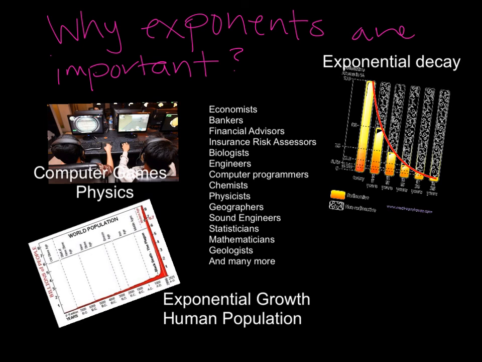As you can see from these different pictures, exponents are used in computer games physics, in determining the exponential decay, looking at radioactivity in different places, exponential growth, for example, human population, and the list of jobs in the middle: economists, bankers, financial advisors, insurance risk assessors, biologists, engineers, computer programmers, chemists, physicists, geographers, sound engineers, statisticians, mathematicians, geologists, and many more. So exponents are important. They're out there, and that's why we're learning them.